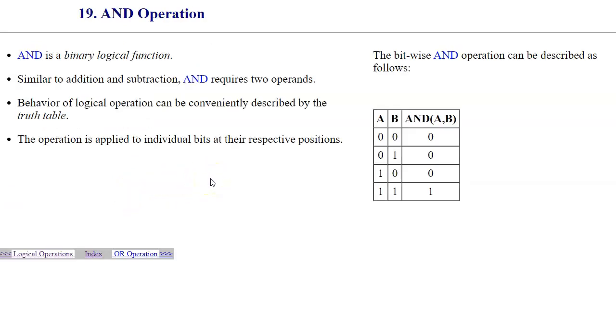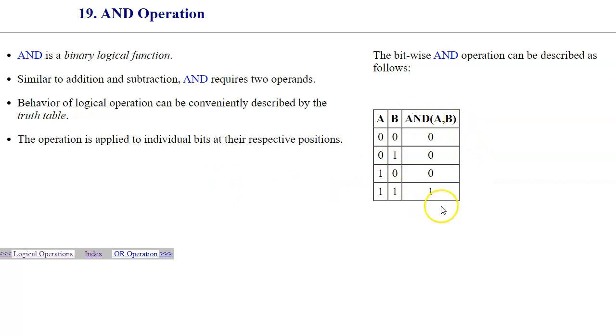The binary logical function AND is similar to addition and subtraction because it requires two operands, left and right, or A and B, just like addition and subtraction. However, the behavior of a logical operation typically is described by the truth table.